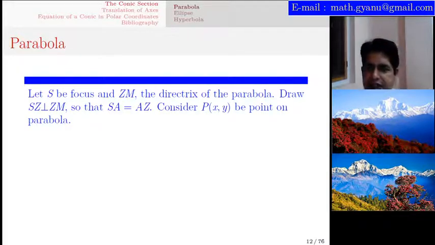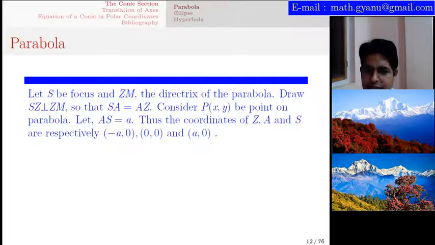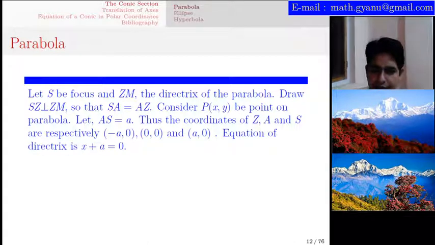Consider P(x, y) a point on the parabola. Let AS equal a. Thus the coordinates of Z, A and S become respectively (-a, 0), (0, 0) and (a, 0). Now the equation of directrix is x + a = 0.